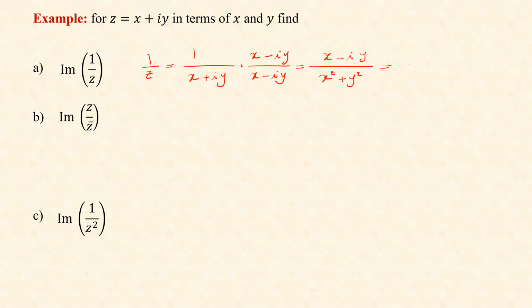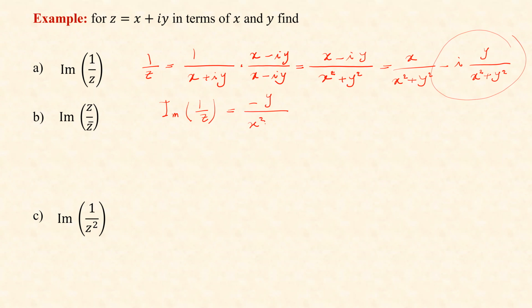So you can write this as x divided by x squared plus y squared minus i times y over x squared plus y squared. So the imaginary part of 1 over z is the factor of negative i, not the i. So it becomes negative y divided by x squared plus y squared.